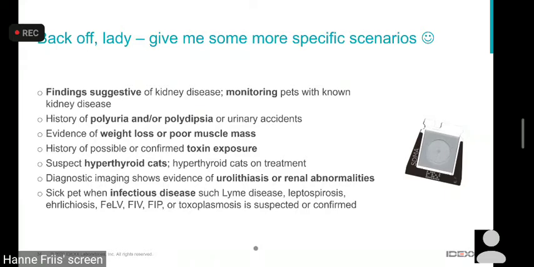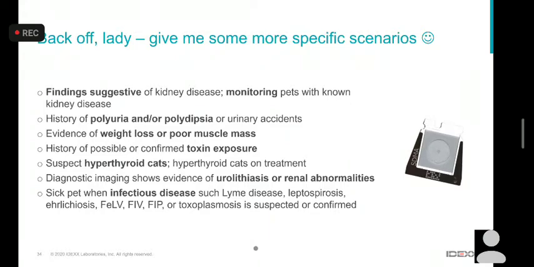That's really when it comes into play. And of course also monitoring your patients with kidney disease. And then with some of the infectious diseases where we know it can cause either primary or secondary kidney disease. Lyme disease is a big debate; we don't see the same degree of Lyme nephritis in Europe as they do in North America.